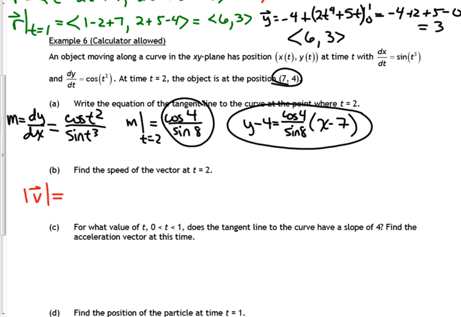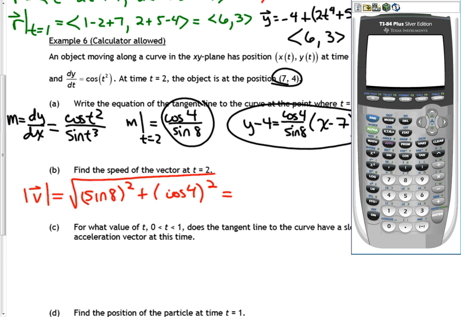I'm going to write it down before I put it in my calculator. I'm going to take sine of 8, my x component, squared, plus cosine of 4, my y component, squared, and I'm going to take the square root of that. So again, I'm going to pick up my calculator, make sure that you are in what mode? Radian mode.